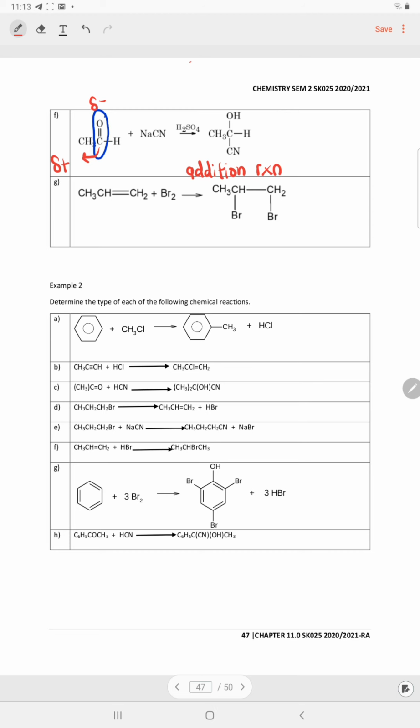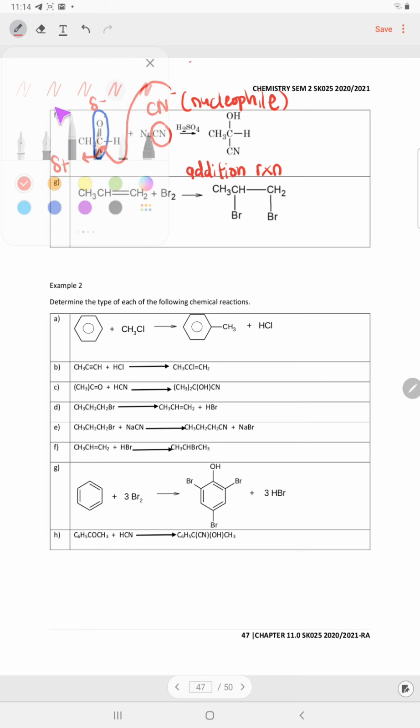But the problem here is, what must be added to the C plus? The species added must have the opposite charge. So CN minus will be added to the partially positive side. So CN minus is a nucleophile species. So the process involved must be nucleophilic addition reaction.